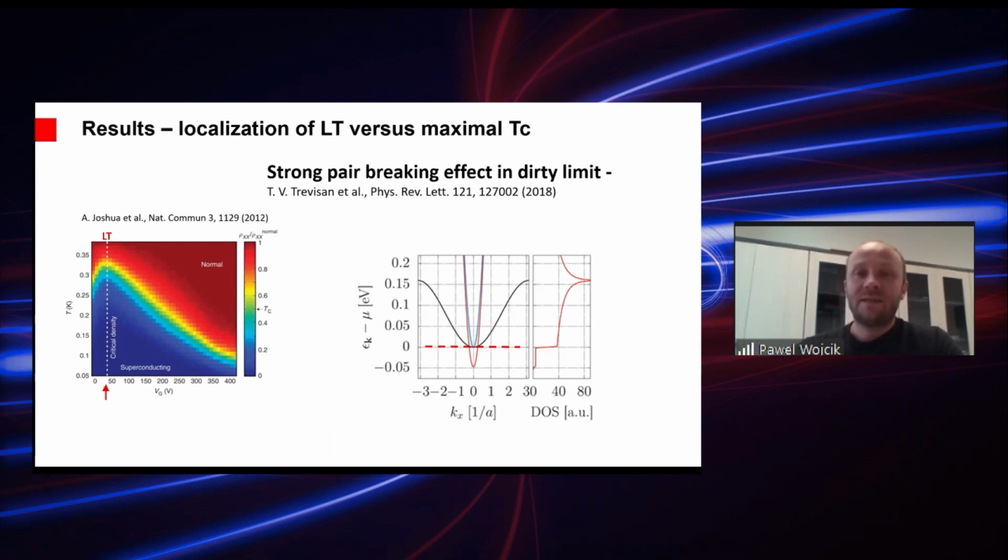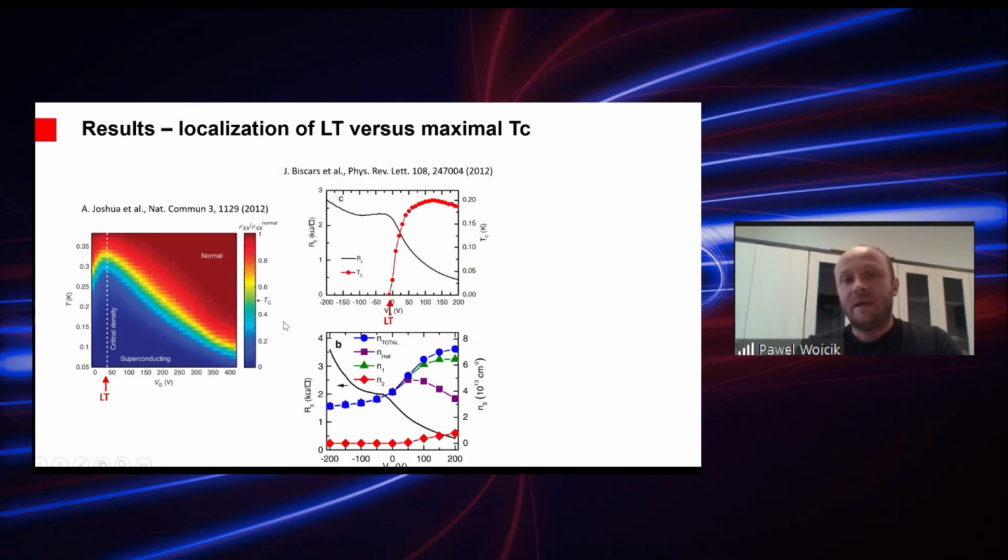However, if you look at different experimental results, you can see that the conclusion about the position of the Lifshitz transition exactly at the maximum of the critical temperature is still under debate. There is no common consensus that the Lifshitz transition should be exactly at the maximum of the critical temperature.